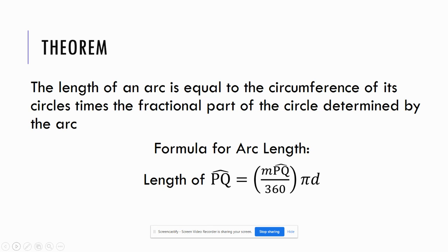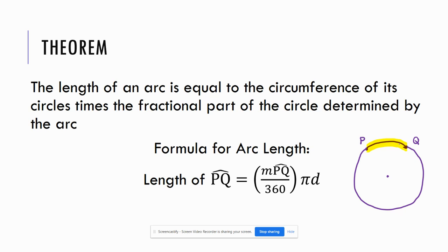So we have a particular formula for this. Length of the arc PQ. I just made up that arc, but notice that once again, if you have a circle, an arc is going to be where, okay, here's point P, here's point Q. We are given this arc PQ. So if I want to find the length of it, there is a formula. What I want to do is I need to know what the measure of that arc is.